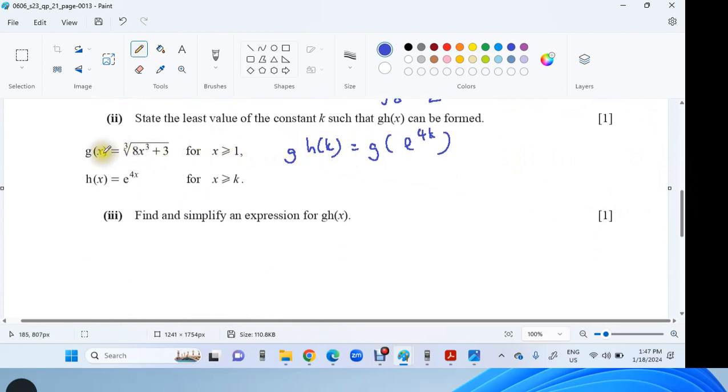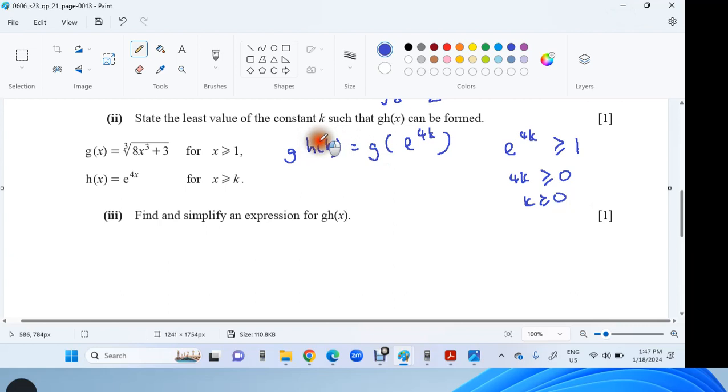So with e to the power 4k, the x in g(x) must be greater than or equal to 1. So the exponent 4k must be greater than or equal to 0. So k is greater than or equal to 0.